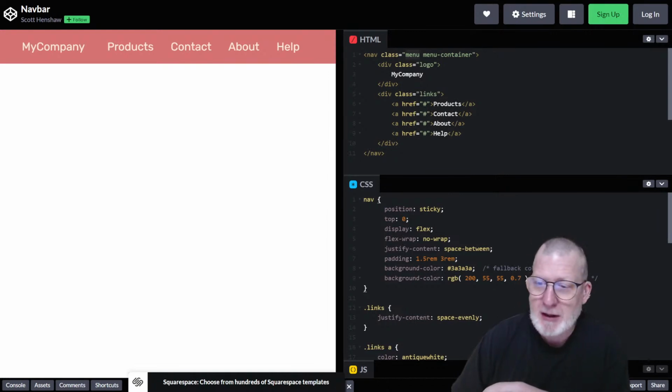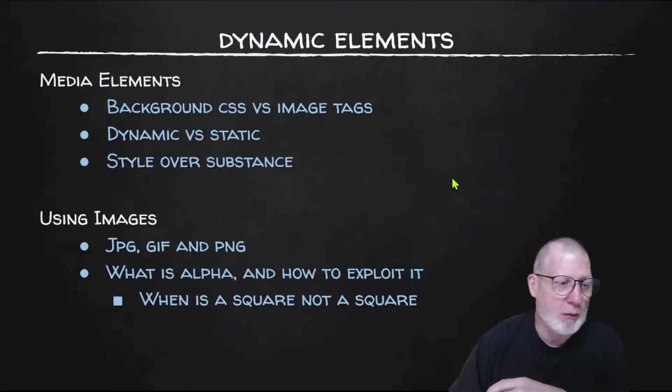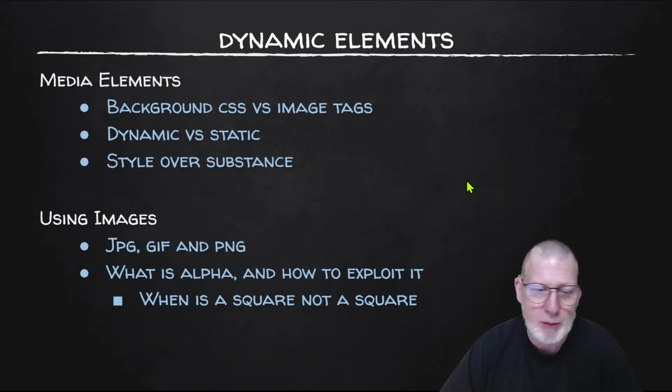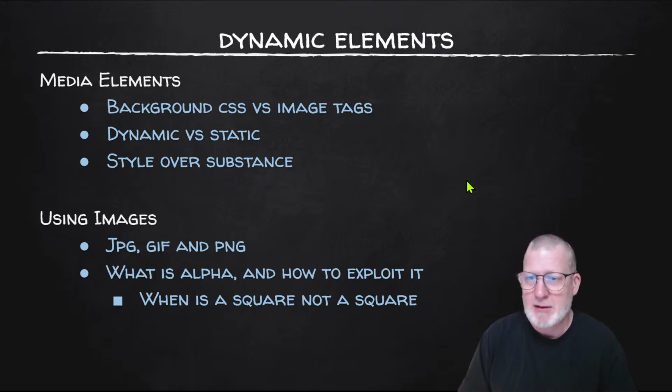And when we start to think about doing it with images, now we start to try and figure out, well, why would we do that? And how would we do that? And the reason we would do that mostly is because we want to animate something. As long as we have a box, we can put anything we want in that box.